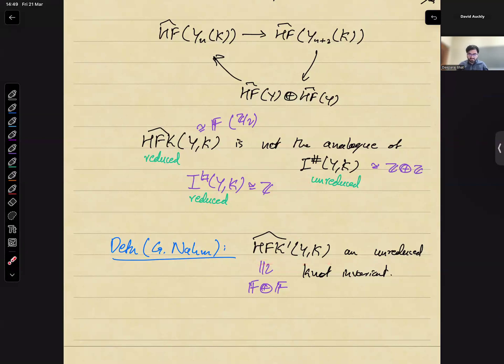This paper by Gheehyun Nahm, who's a graduate student at Princeton, came out only in January this year, and I haven't spoken to him about it. I think maybe there are a couple of computations in his paper, but I don't know if he goes anywhere beyond homologically thin knots, homologically thin with respect to Khovanov homology.